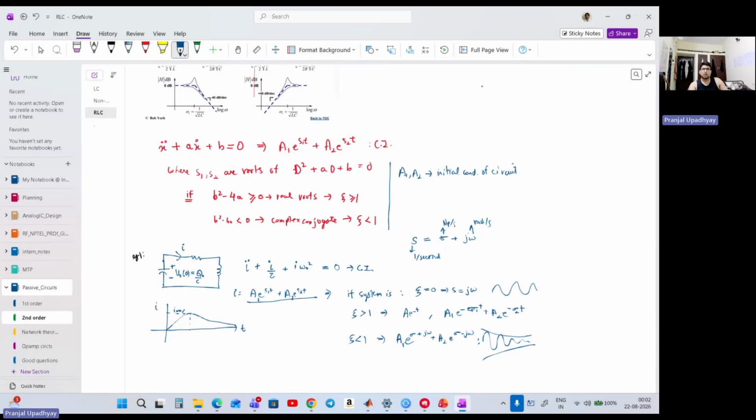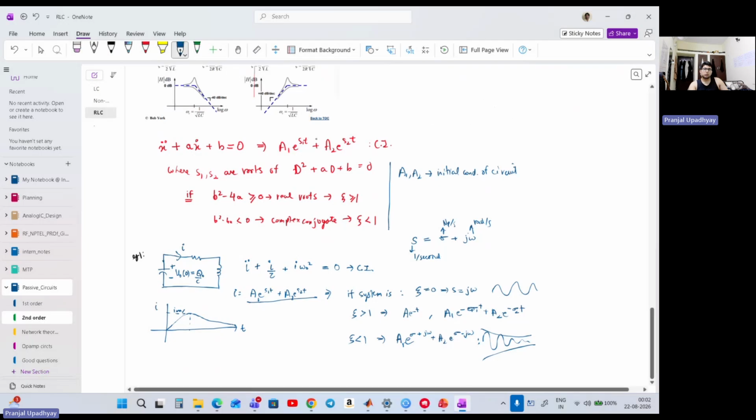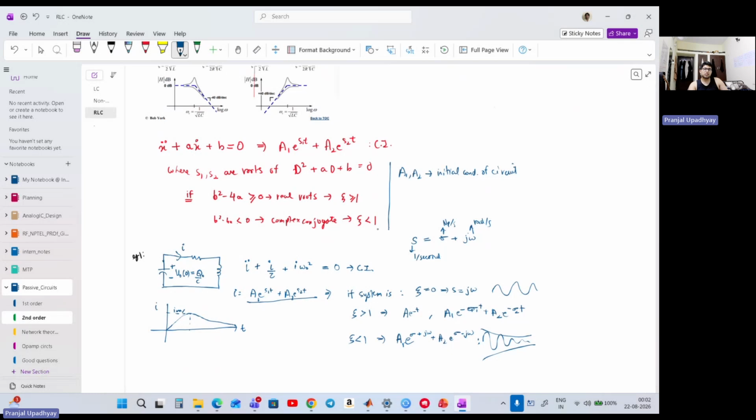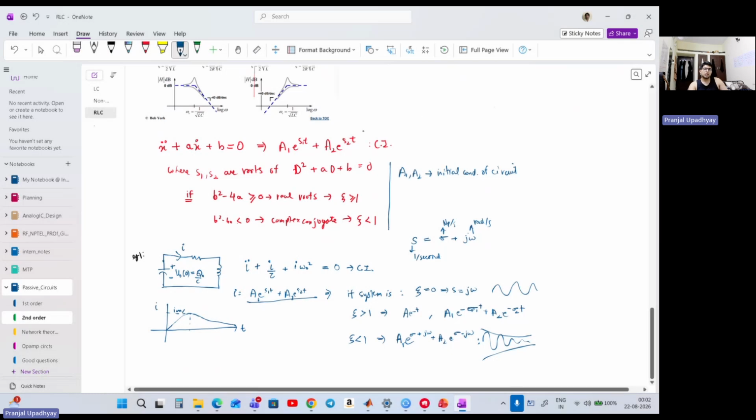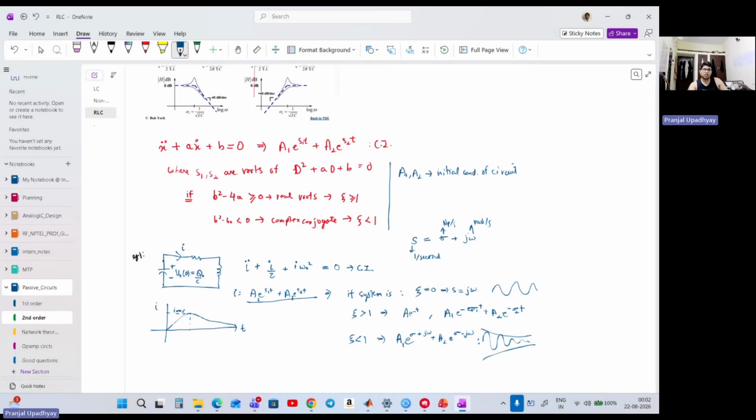Because then we'll just have some decaying terms. But if the roots are complex, then the damping factor is less than one, and there will be some oscillation because there will be some j omega terms, right? And if the damping factor is zero, then these are just pure imaginary numbers, which means there will be simple pure oscillations without any decay. That is something that we already understand.